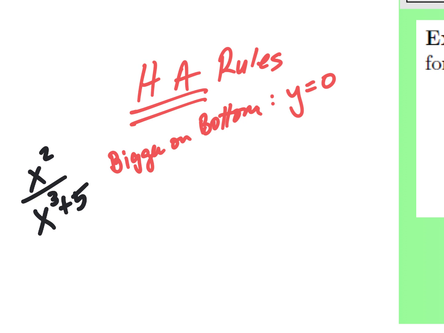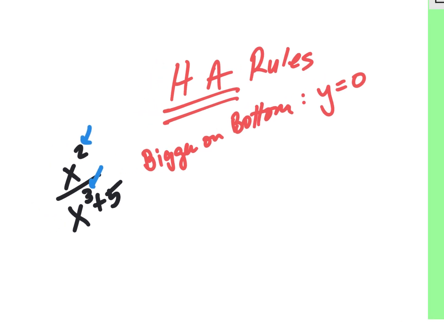Because it's got the 5 down there? No, because the degree is bigger on the bottom. So this, I can confidently say, y equals that. It's a fraction function. It would have a dotted line at y equals 0. That's the x-axis. So it would have an asymptote at the x-axis.